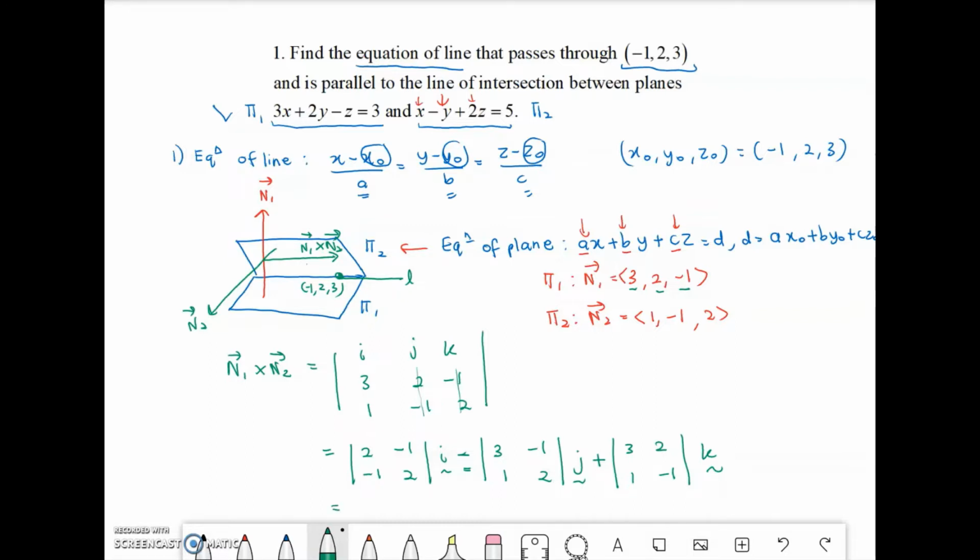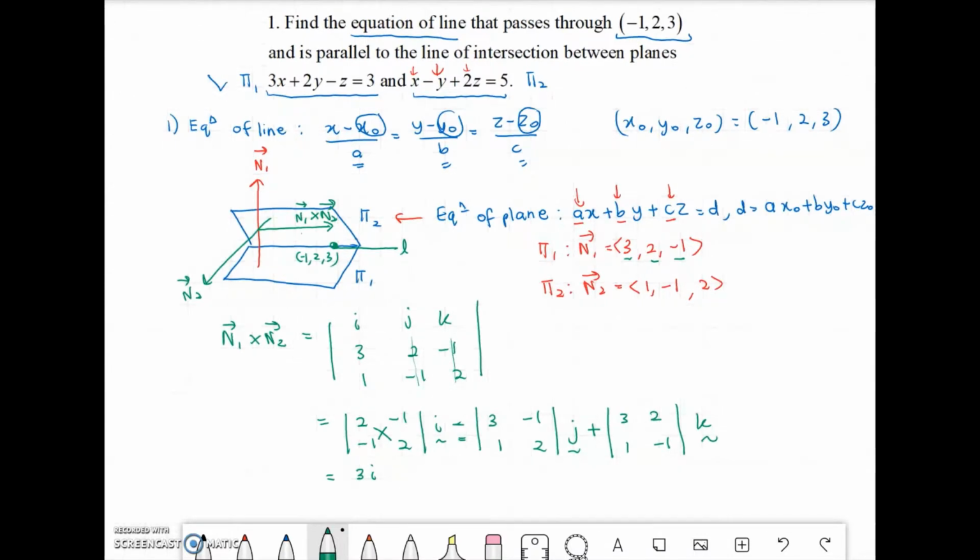Okay, then we can solve this cross product. So we have 2 times 2, which is 4, minus negative 1 times 1. So this will be 3i, minus 3 times 2 is 6 minus negative 1, which will be minus 7j, and then minus 3 minus 2 will be minus 5k.